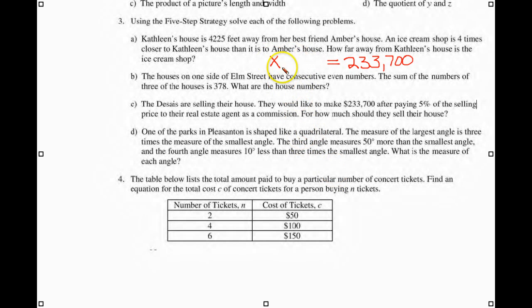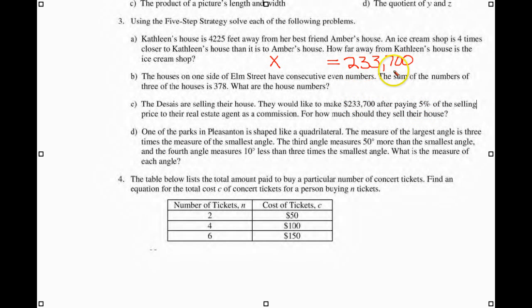So let's do some brainstorming together here. This is the money they want to have after they sell their house and have to pay a 5% commission, so to speak, on the selling price.